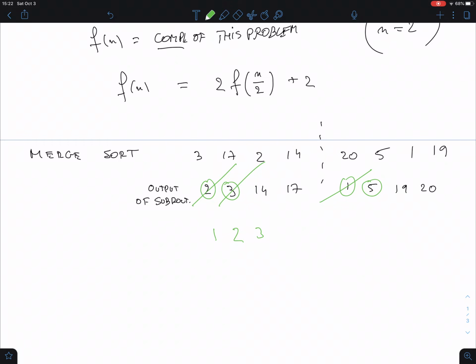Now I take a look at this 5 and 14. 5. Okay, and then 19 becomes the new smallest guy. Compare with 14. 14. Scratch it out. Comes 17. Compare 17 and 19. I know that is 17. And once a list is empty, I know the rest of the remaining list has to be put at the end. And this is how I merge sort.